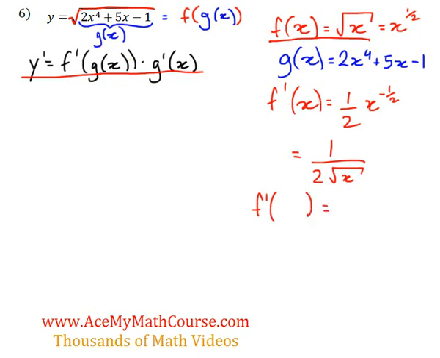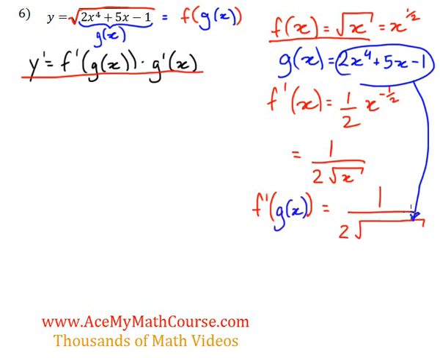So what is that going to be? So that's just g of x right here. So we have 1 over 2 times the square root of x. But now instead of the x, we want g of x, which is all of this. 2x to the 4 plus 5x minus 1.